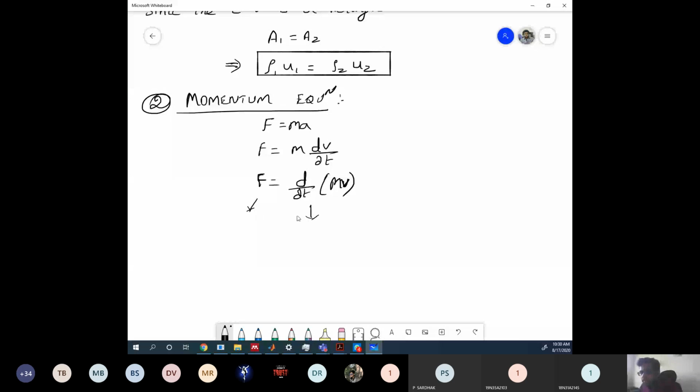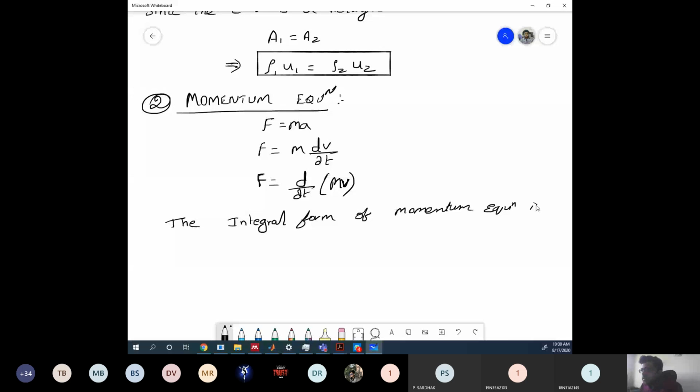So now what I will do is directly consider the integral form of the momentum equation.